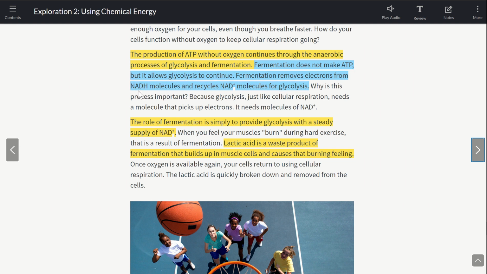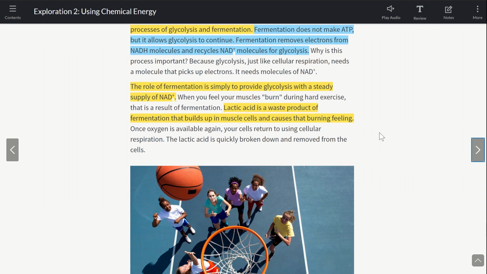There has to be an NAD molecule there ready to pick up that electron that's formed. Otherwise, you just have a bunch of electrons flying around everywhere, and that would cause problems. So, again, the role of fermentation is simply to allow you to continue to pick up the electrons using NAD+.